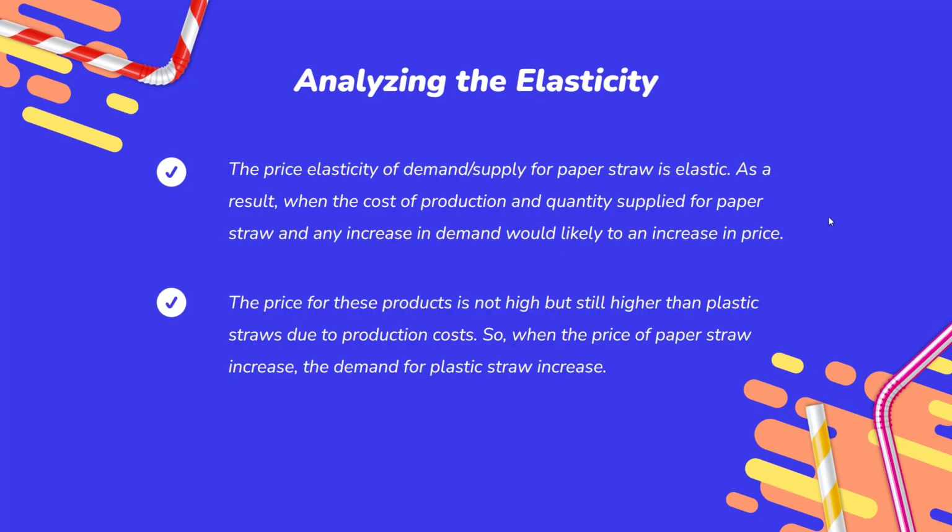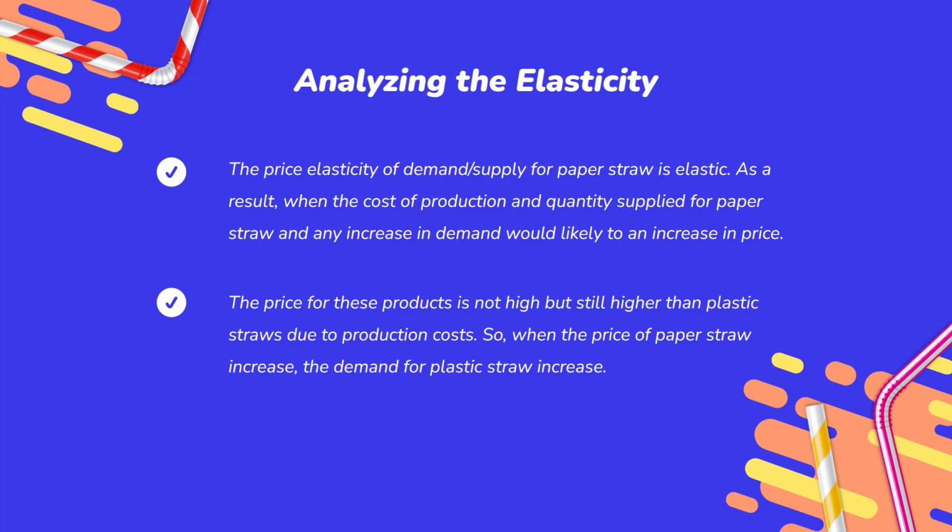Now I will analyze the elasticity. The price elasticity of demand and supply for paper straw is considered elastic as a result. When the cost of production and quantity supplied for paper straw rise, any increase in demand would likely lead to an increase in price. The price for the product is not high, but still higher than plastic straw due to production cost.